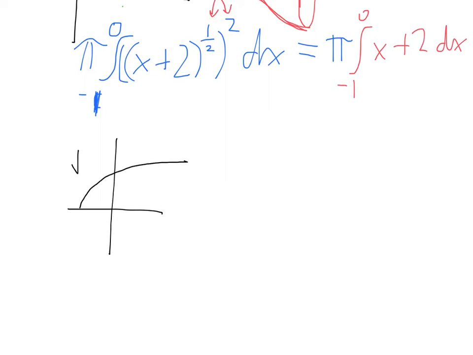That's a square root of x plus 2. But if we're rotating out around this axis, down here at -1, then our radius of rotation is going to be that entire distance, which ends up being the square root of x plus 2 minus -1. Always top minus bottom will give you the distance between 2 points.